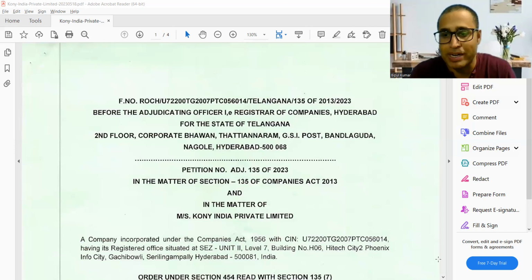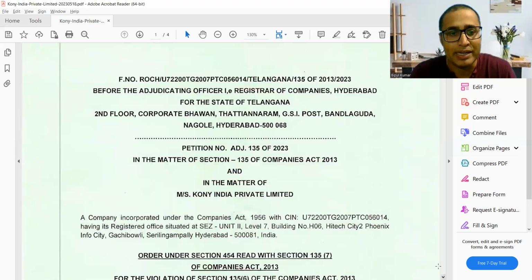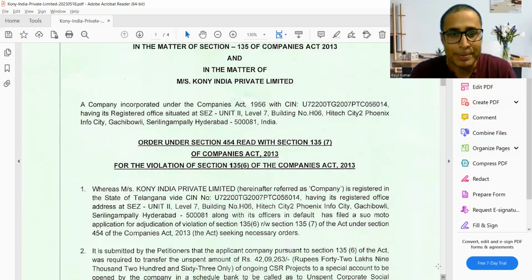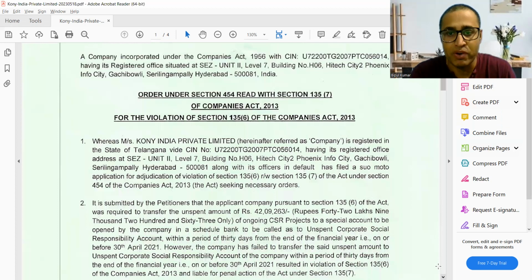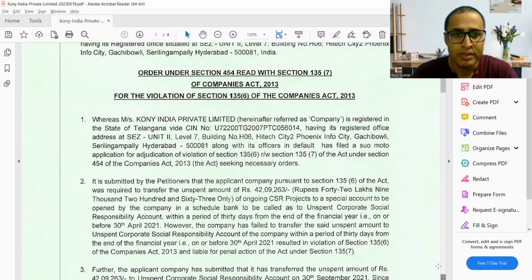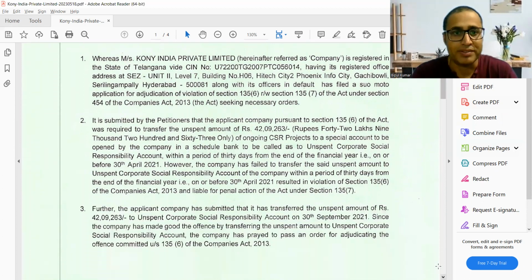The company, having its registered office at Hyderabad, along with the officer in default, has filed a suo motu application for adjudication of the violation of section 135 subsection 6, read with section 135 subsection 7 of the Companies Act, praying for necessary orders.